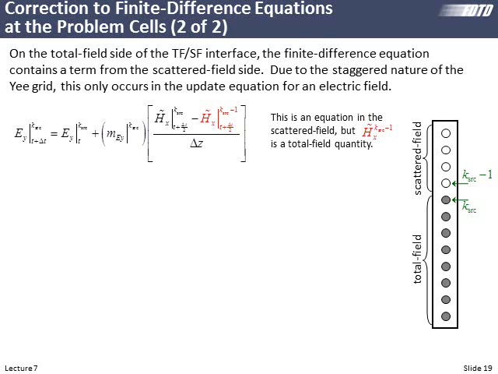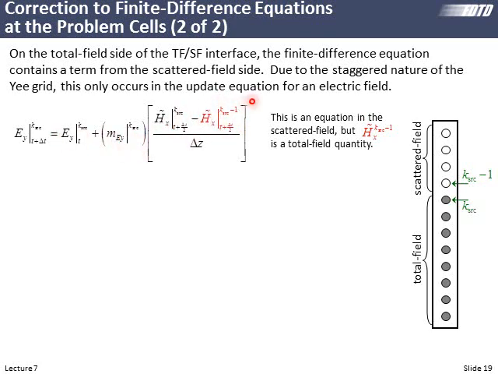Now we're sitting on the total field side, again right at the very edge of this total field scattered field interface, and now we're looking at the update equation for the electric field. Well, this is in the total field region. We want all terms in this equation to be total field quantities. Well, it turns out we have a magnetic field, we've reached to the other side of that interface, and now we have a scattered field quantity amongst a bunch of total field quantities.